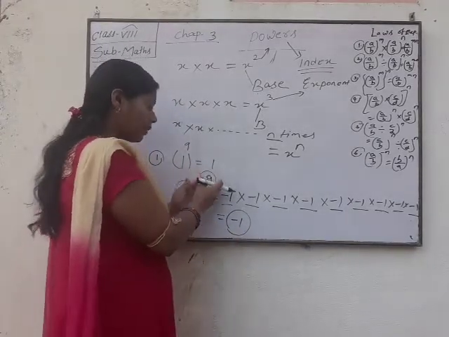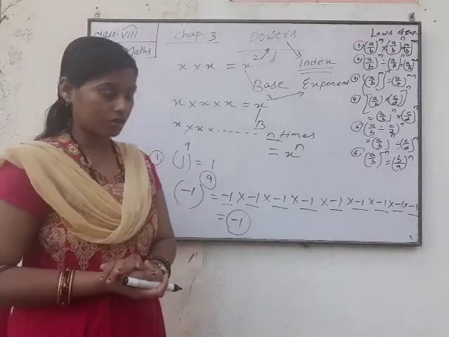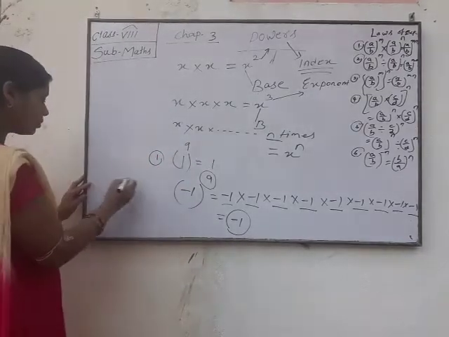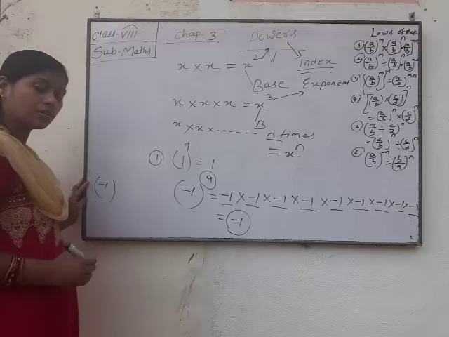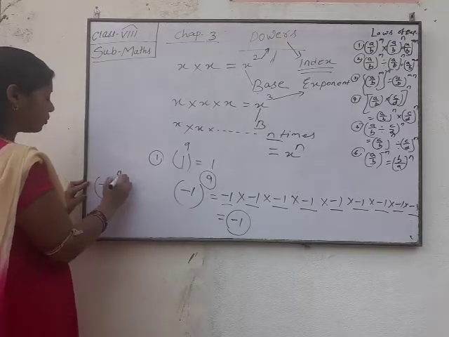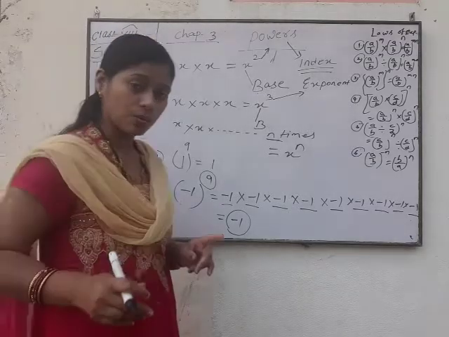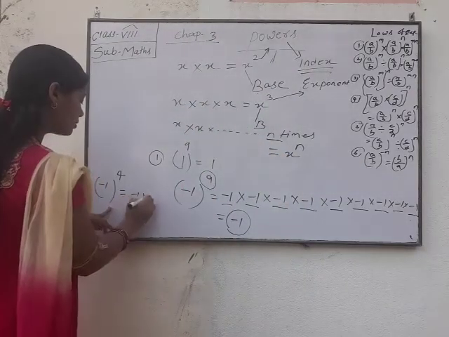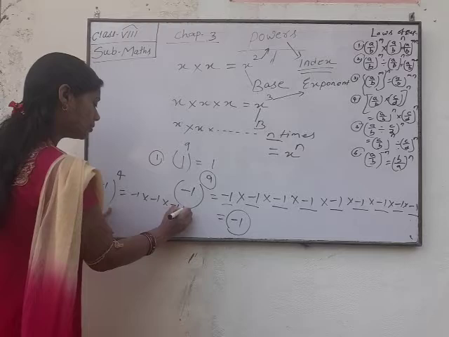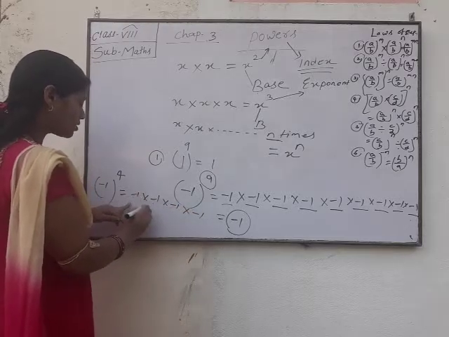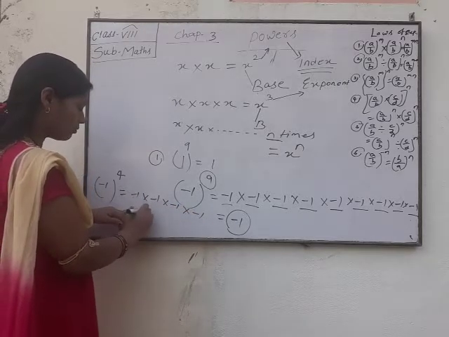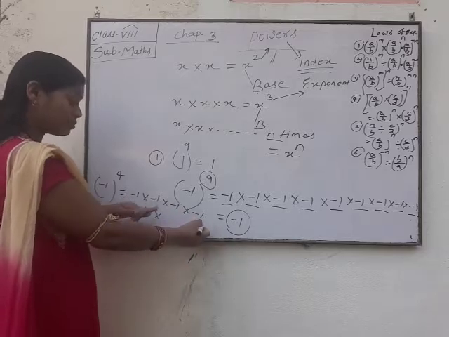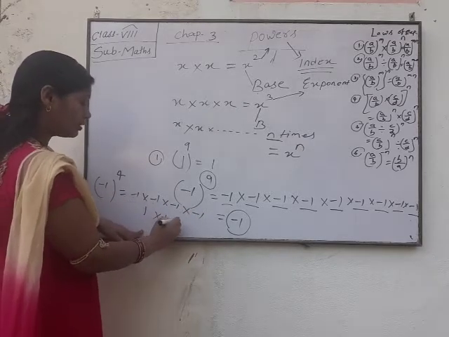If your power is an even number, look at the same question. Suppose minus 1 to the power 4. It means minus 1 multiplied 4 times: minus 1, minus 1. Here minus minus is positive 1, and here minus minus is positive 1. So 1.